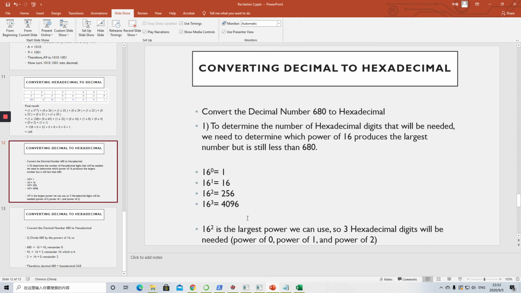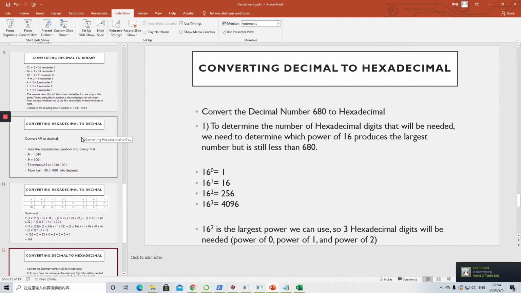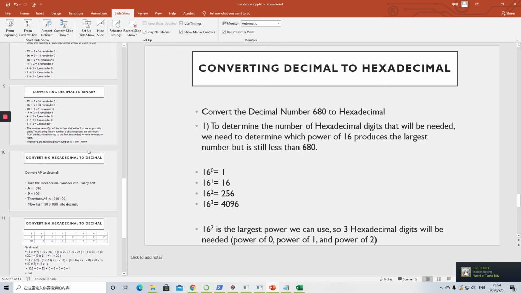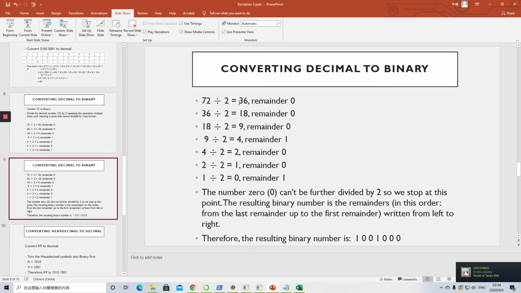Okay, so right now we need to do this similar thing reversely. So convert decimal to hex. Do you think it's pretty familiar, converting decimal to binary? By converting the decimal to binary, we use the remainder.